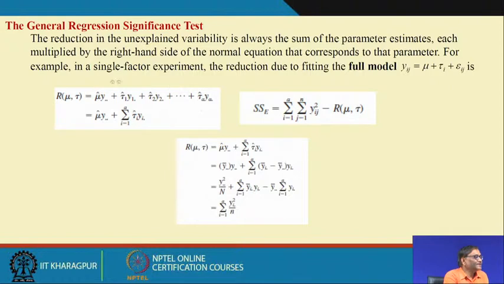So, this is equivalent to mu cap y double dot plus the sum over i equal to 1 to a of tau i cap y i dot. This is the reduction of variability of y if you use the full model.